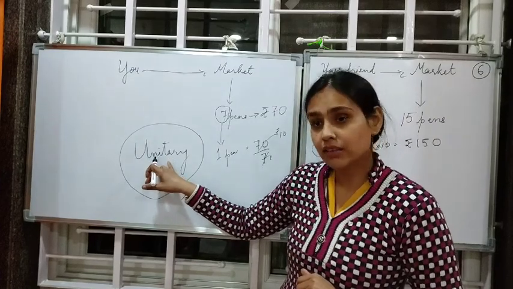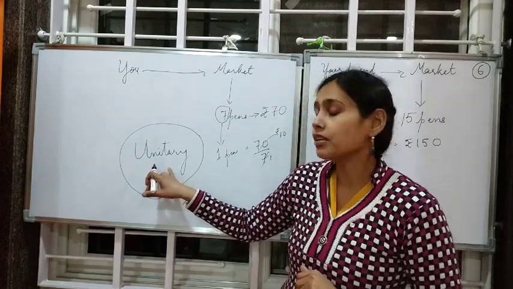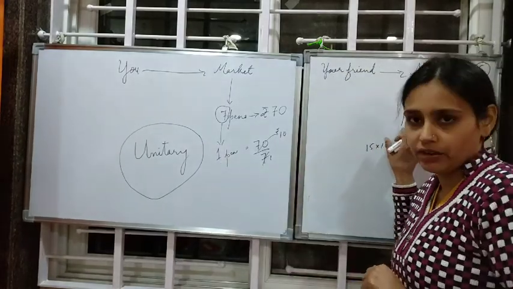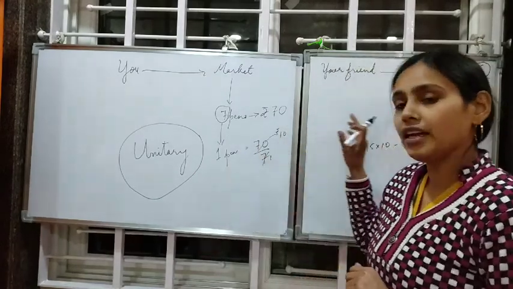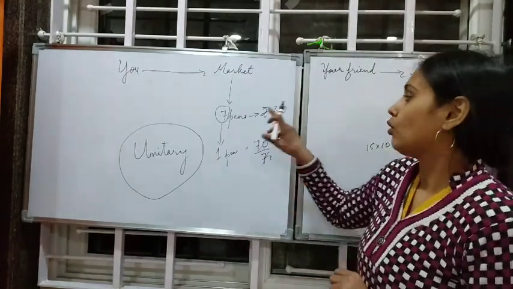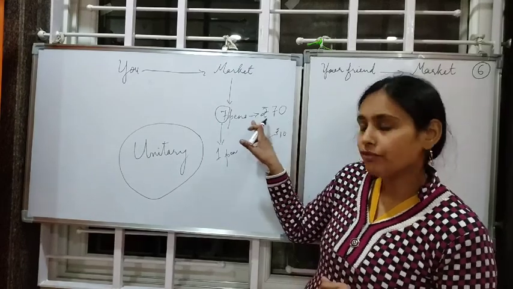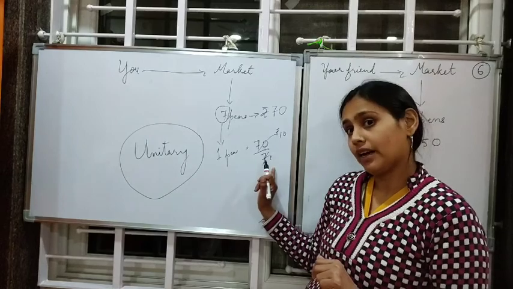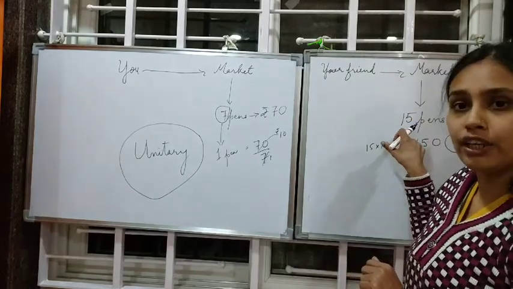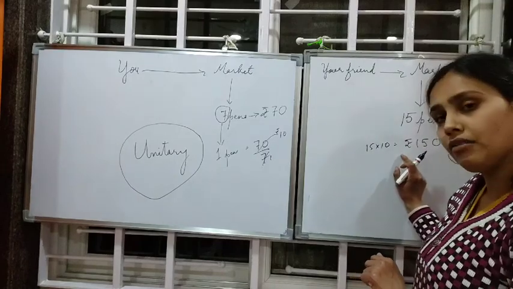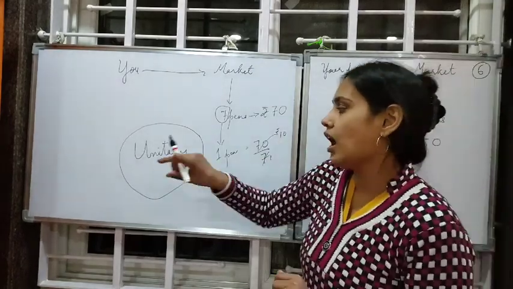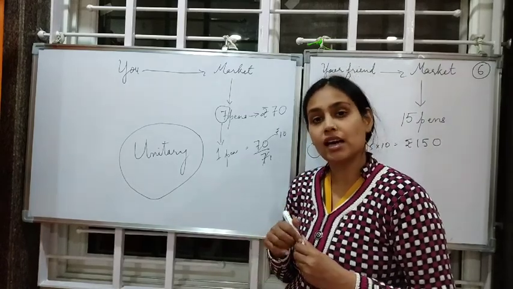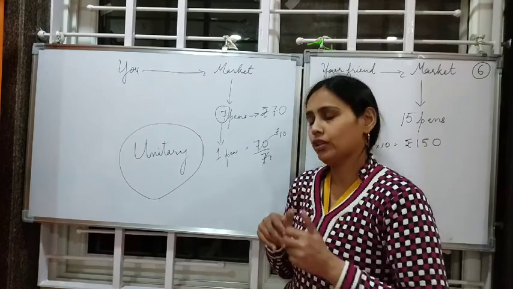So, what are unitary methods? Unitary methods are methods in which we find for one value and then we find for a given value. Where we find for one, then we find for many. The value for a sum is given. From that sum, we find for 1 by dividing. And then we find for a given value which is more than 1 by multiplying. And our next exercise completely depends on the unitary method.